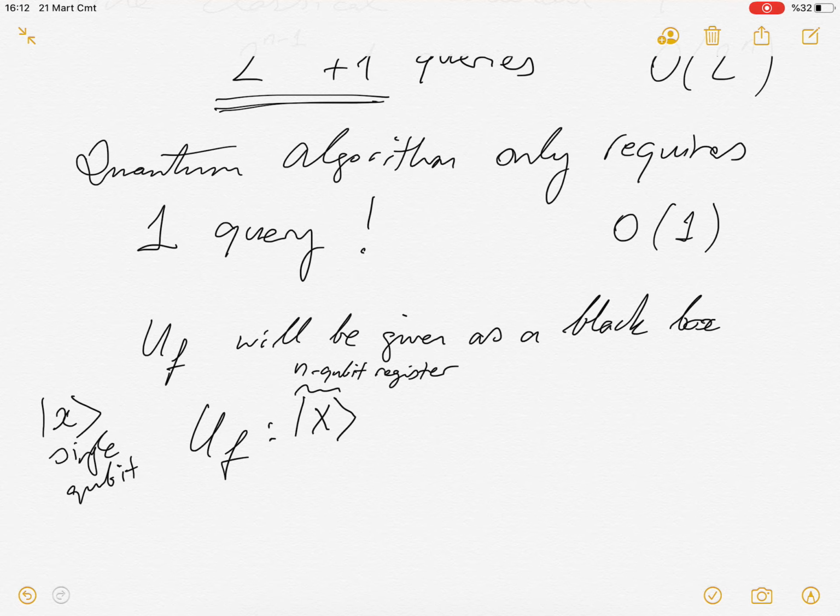And then in the second input of Uf, we have a 1-qubit register, y.